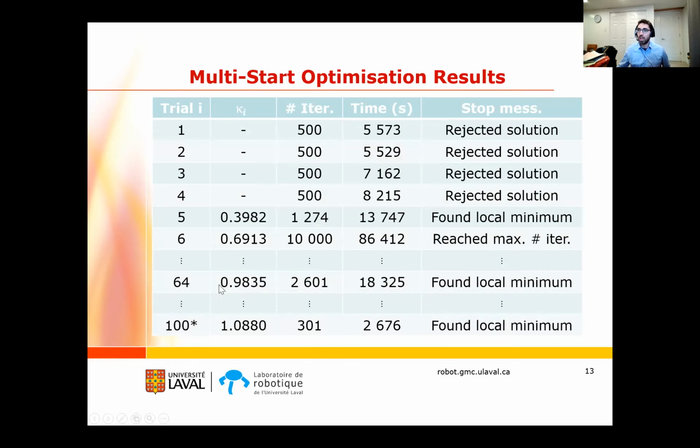But for some others, we did get a result. And our best randomly generated result was trial number 64. As you see there, the time is in seconds. It was several hours, I think that must be 5 hours approximately.